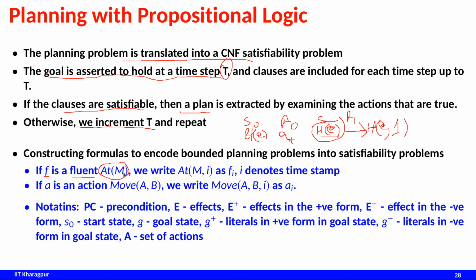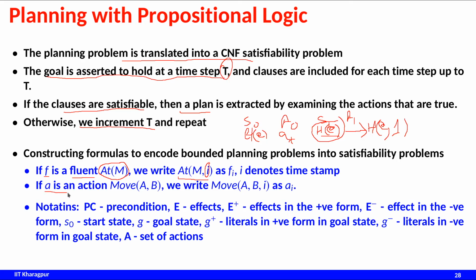Just to reduce the space, we use the f notation here. So this fluent will get converted into at m and i. We talked about that we have to introduce a parameter, the timestamp. So we represent this at m i as f i, where i denotes the timestamp.